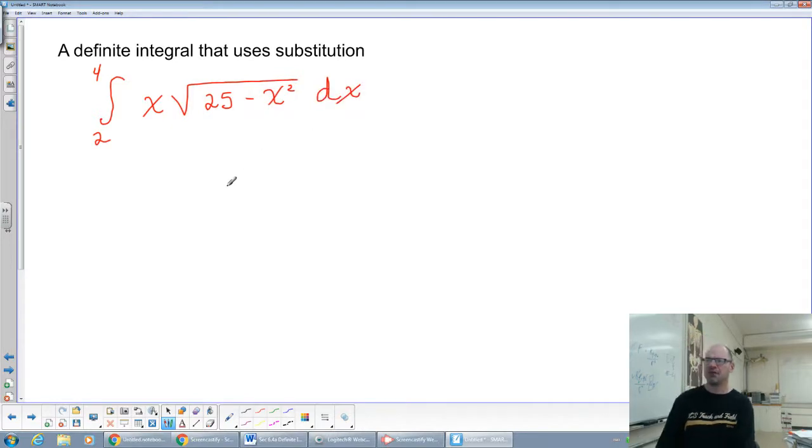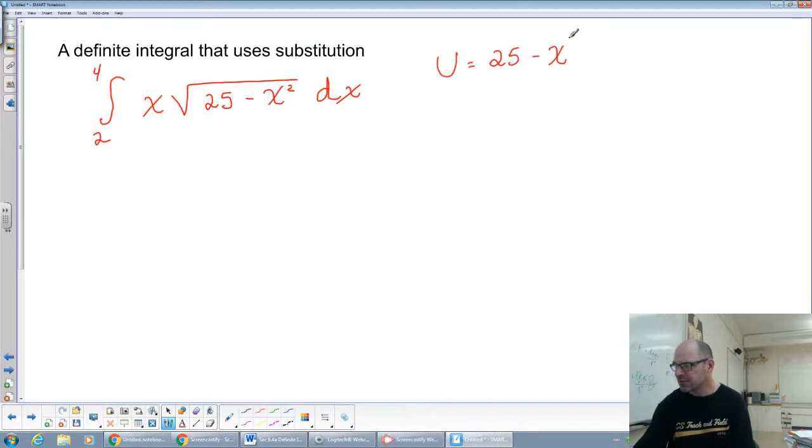So we've got a situation where there's an x dx in there. This means we have to use u equals 25 minus x squared. Then we represent that and get du dx. The 25 is nothing because it's a constant, and this is going to be minus 2x.